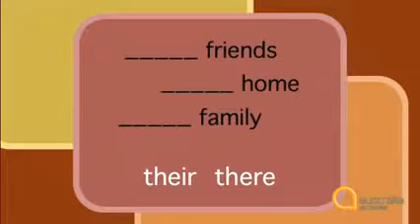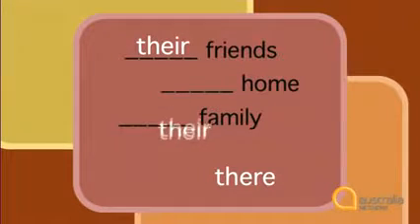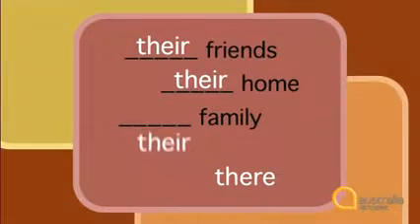Is that T-H-E-I-R or T-H-E-R-E? We know from the context that she is talking about ownership, who the friends, home and family belong to. So we know which spelling of their she is using, T-H-E-I-R. Their friends, their home, their family.